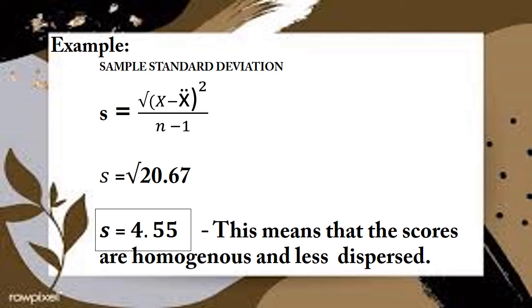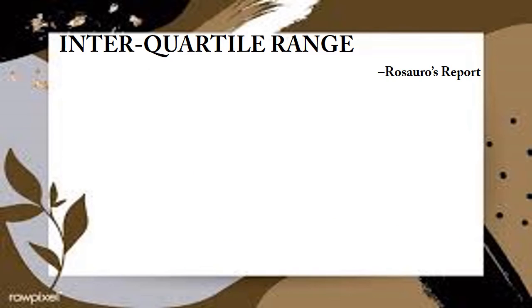If the value of standard deviation is small, on the average, the scores in the distribution will be close to the mean. Hence, the scores are less dispersed, or the scores in the distribution are homogeneous. So as you can see in our example earlier, our standard deviation is 4.55. This means that 4.55 is a low number, right?